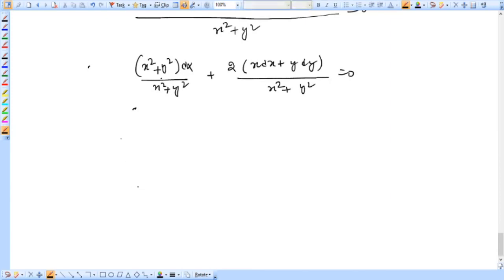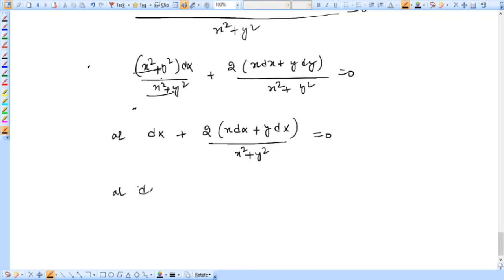Now one more time, cancellation and rewriting: dx plus twice of x dx plus y dy over x square plus y square equal to 0. So now we can rewrite this again in this way.